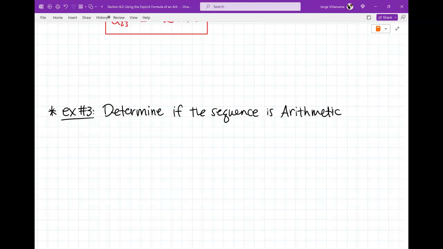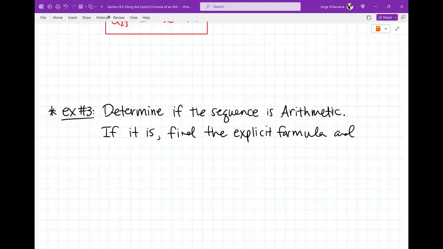That was a yes or no answer. If it is, find the explicit formula and the term named. We'll do 2 of these from your homework, okay?